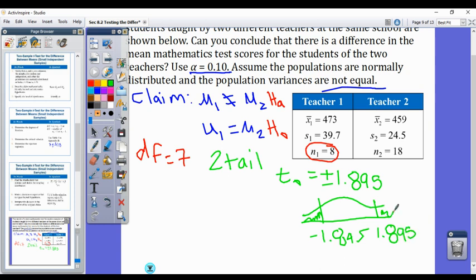Okay. All right. So since our variances were not equal, we need to use the standard error formula that looks like this.